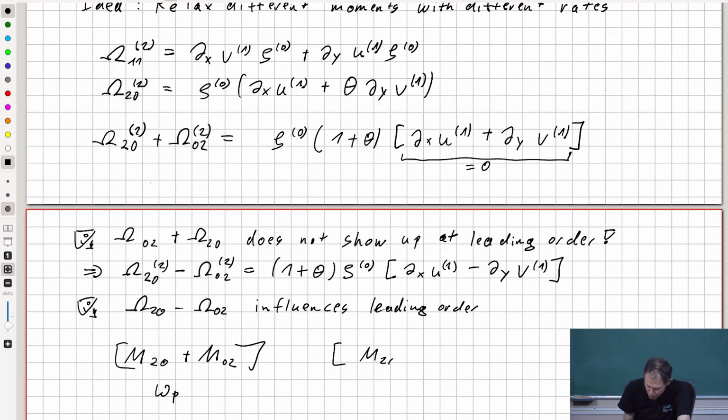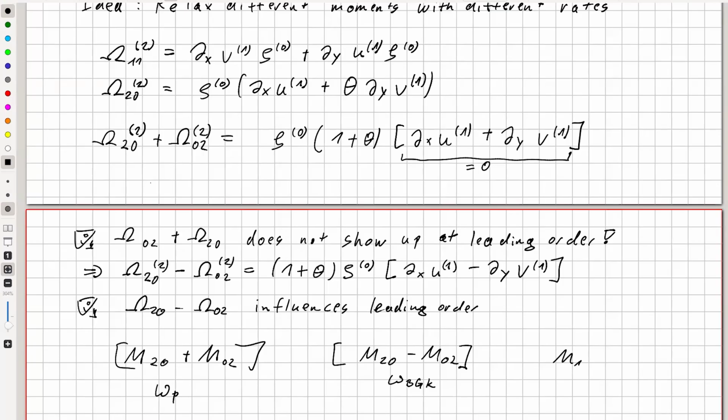Then for M2 0 minus M0 2, we use omega bgk. And for the moment M11, we again use omega bgk. So these two use the bgk omega that adjusts the viscosity, and the other one, we have the freedom to choose in any other way.